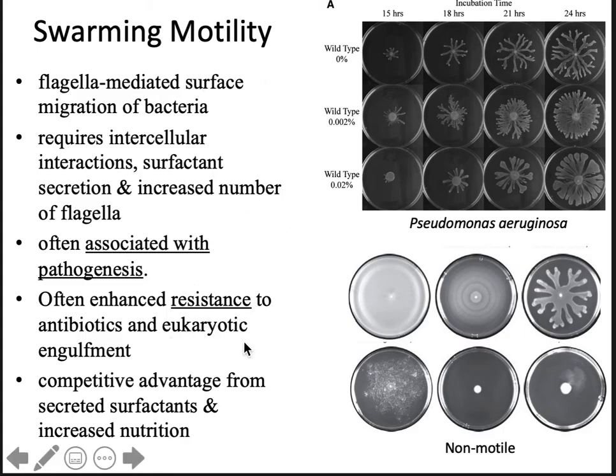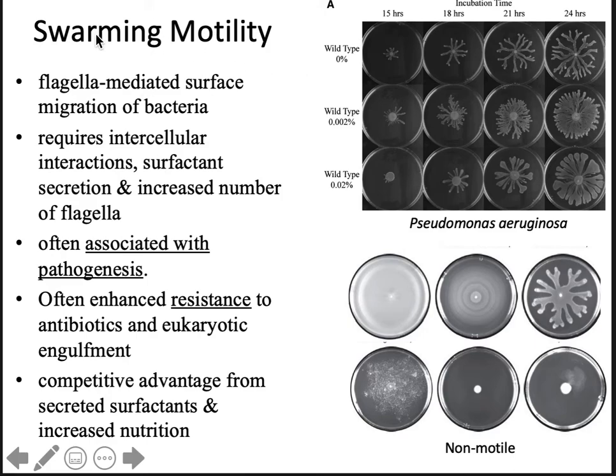The bacteria will get away too fast. So this gives a huge competitive advantage to bacteria that have this. We also see that bacteria that swarm secrete special substances called surfactants, which are kind of slippery, kind of soapy. And the surfactants themselves might offer them protection.